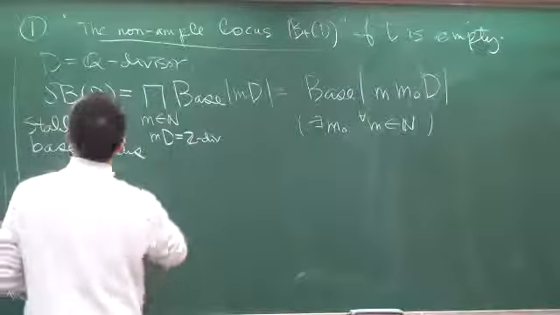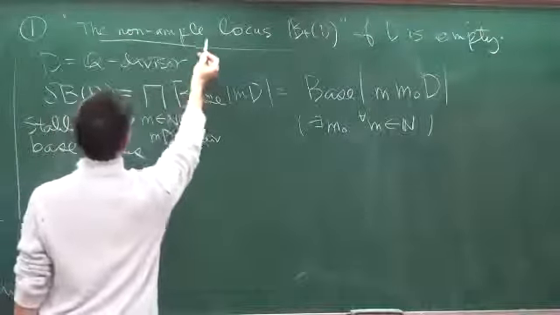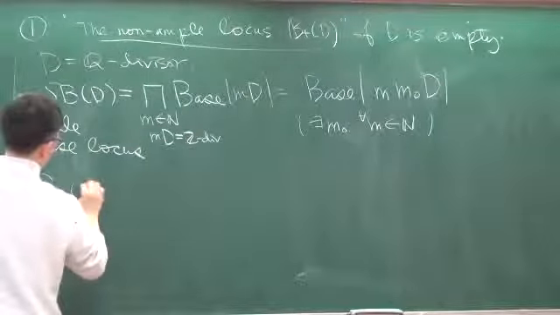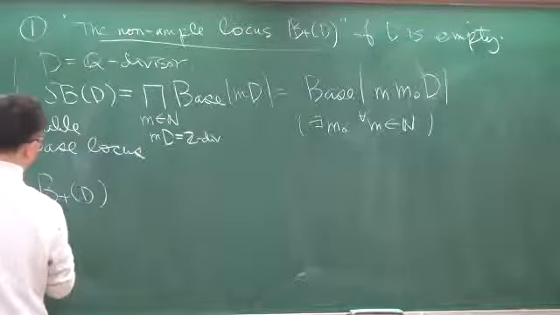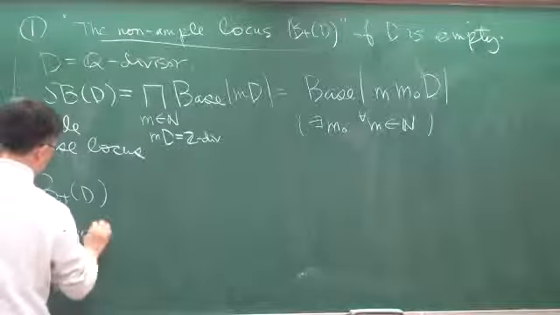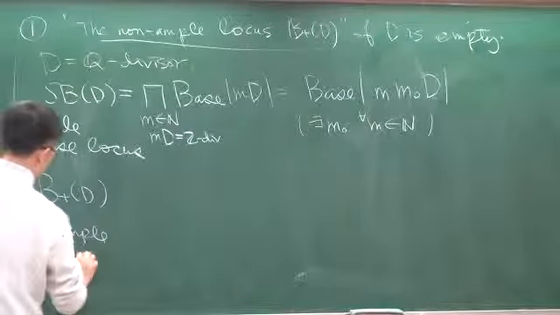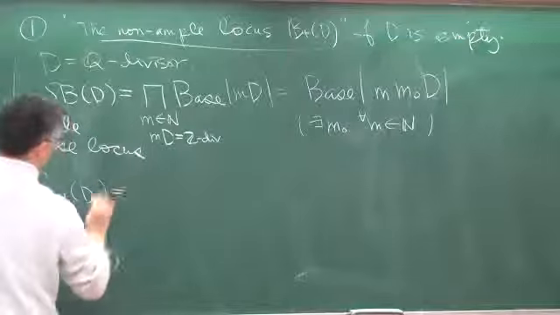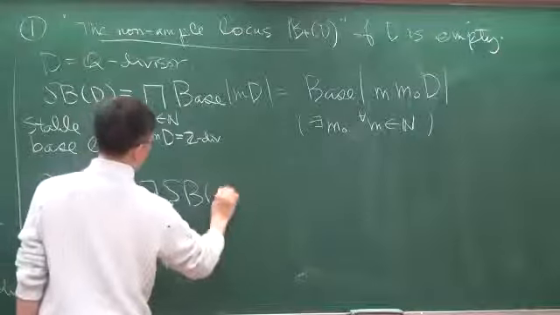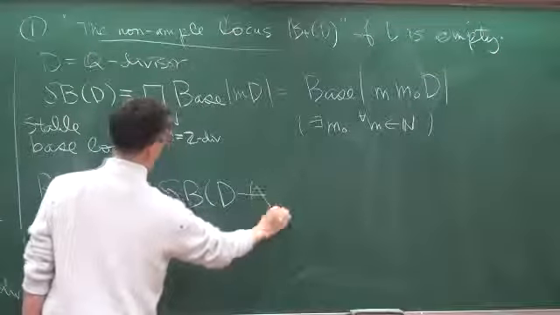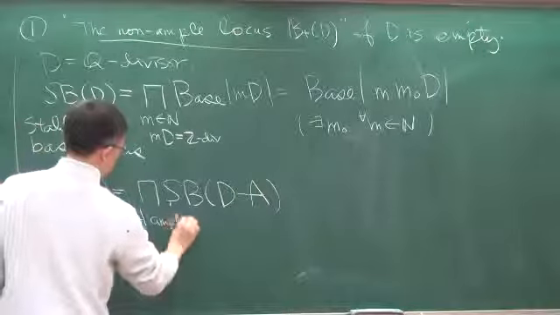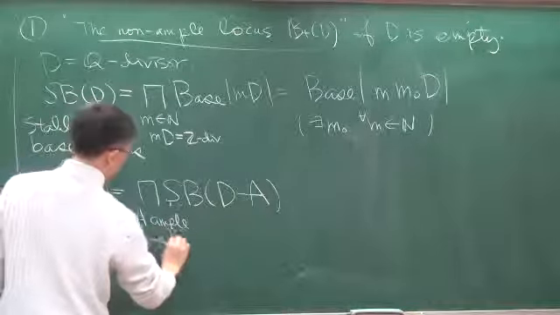Okay. But we need to define this base locus for R-divisors. So B_+(D), which is called the non-ample locus, is defined as the intersection of all the stable base loci of D minus A, where A is ample, such that D minus A is a Q-divisor.